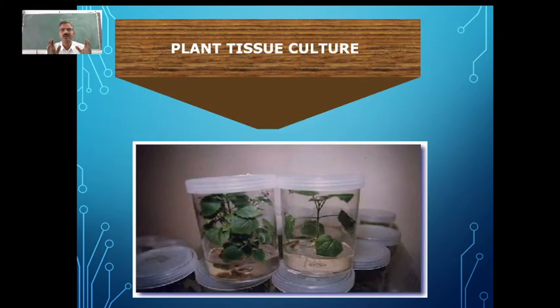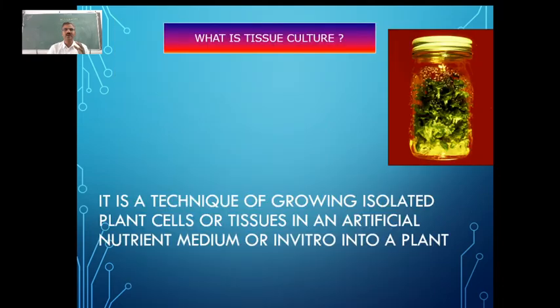Then another important process which we use to multiply the plants, especially the ones with the desired traits, is by using plant tissue culture. Wherein we get some portion of the plant, we get the cells of the plant, and that we call an explant, and those cells can be used to get many plants.